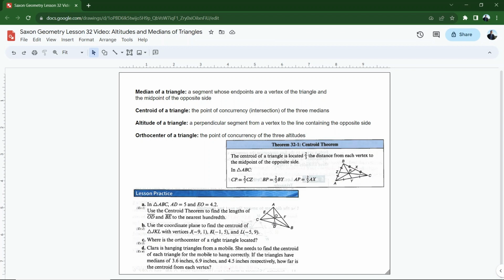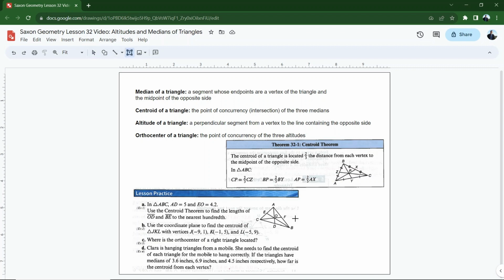OD is connected to the midpoint. So that's going to be a 1/3 the length situation. And BE is the entire median. But I know the length of EO, which again is the length that's connected to the midpoint, not to the vertex. So that's going to be another 1/3 length.